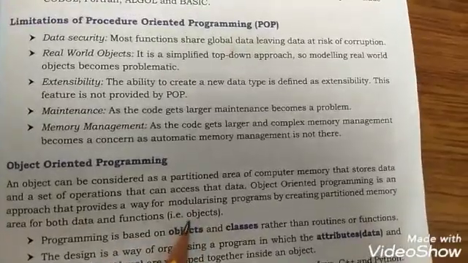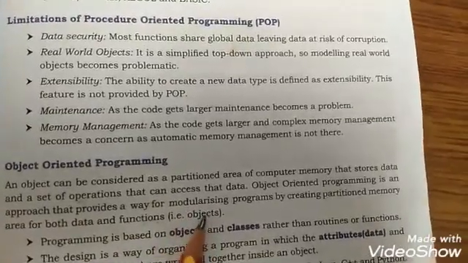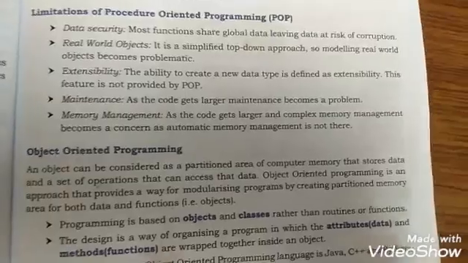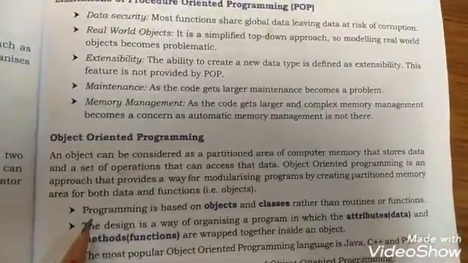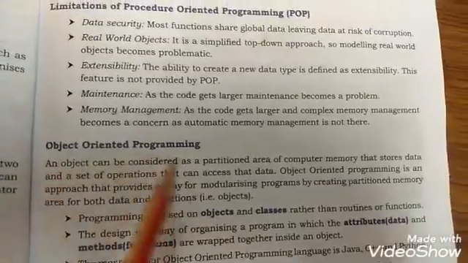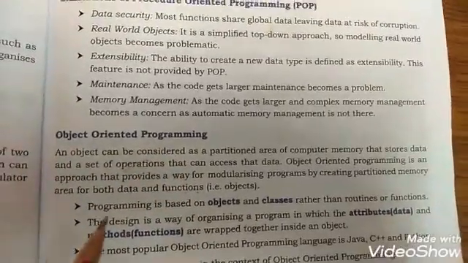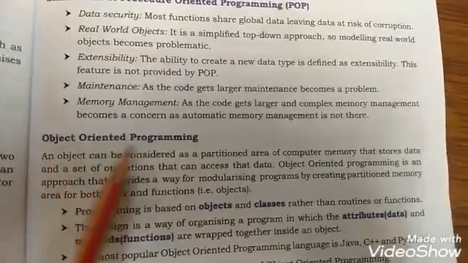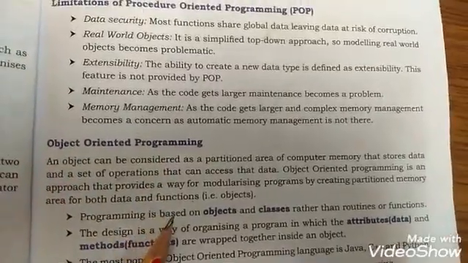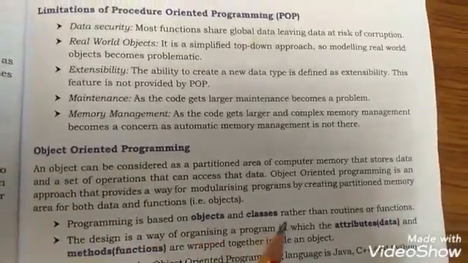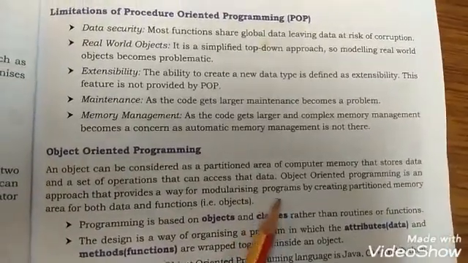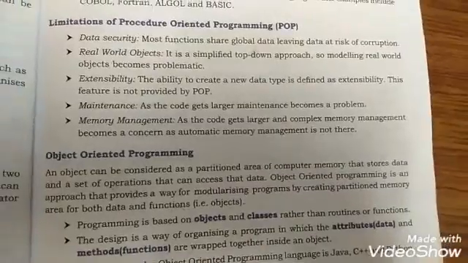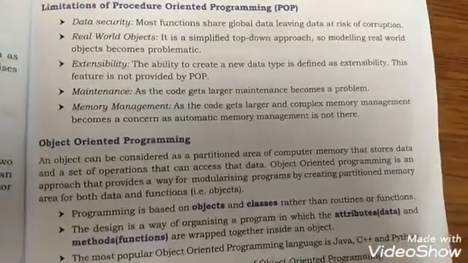We will be discussing details about objects, and now let us discuss the features of this object oriented programming. So this programming is based on objects and classes. Remember, in Java, class is the base of all computation and all programming.